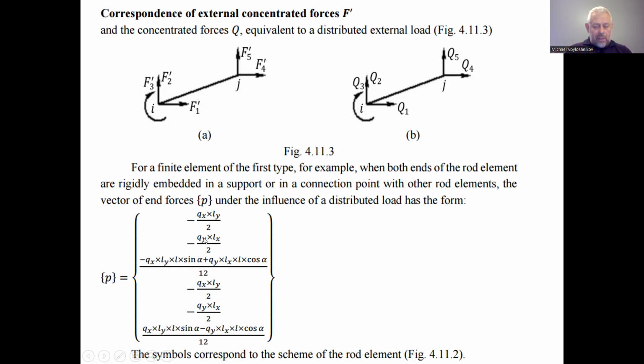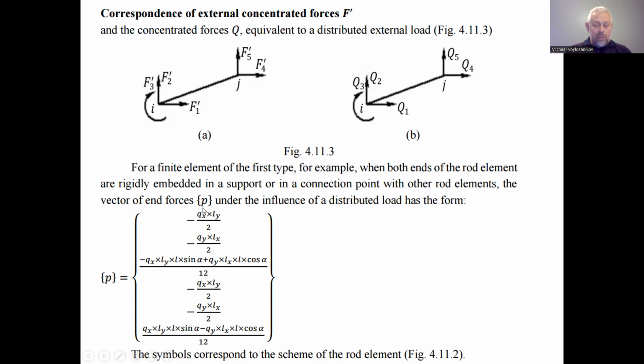The distributed load with index y gives the vertical force at the end of the finite element of the first type, and the action of the vertical distributed load is minus the fraction in the numerator. We have the product of the distributed load magnitude acting upward multiplied by the horizontal component of the length of the finite element divided by 2.